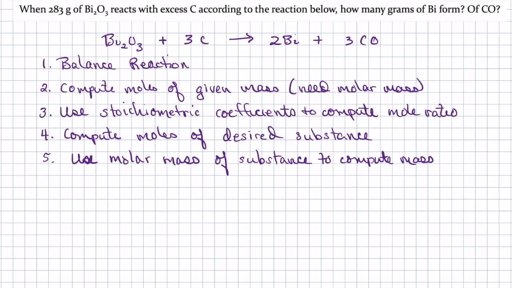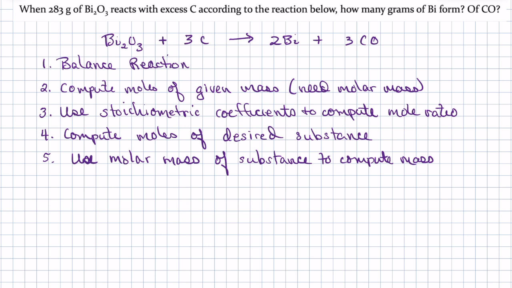And so in order to calculate the moles, what do we need to do? We need the molar mass in order to do that. So we're going to need to figure out the molar mass of our bismuth oxide in order to calculate the number of moles.